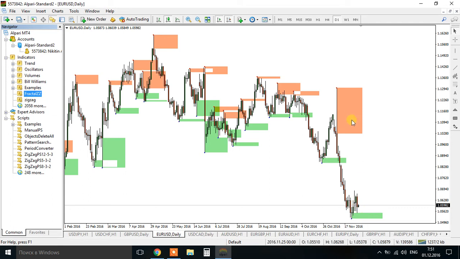Every time price enters the red rectangle, it is better to sell. If the green rectangle is violated, it then acts as resistance. When support is violated, as you can see here in this case, it acts as resistance. And when the red rectangle is violated, it will act as support.